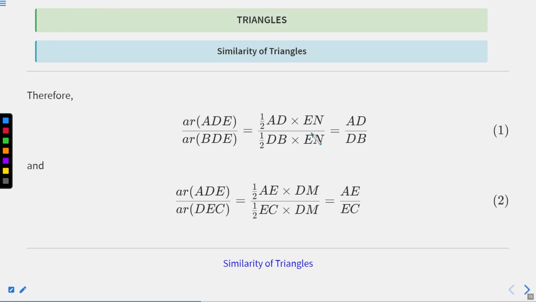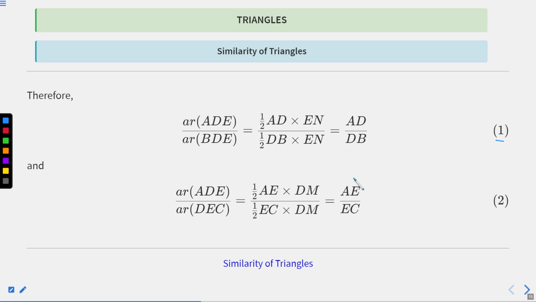Therefore, area of ADE divided by area of BDE is equal to half times AD into EN divided by half times DB into EN. Here half and EN cancel out, and we get AD over DB. So the ratio of ar(ADE) and ar(BDE) is equal to AD over DB, naming this equation number 1.